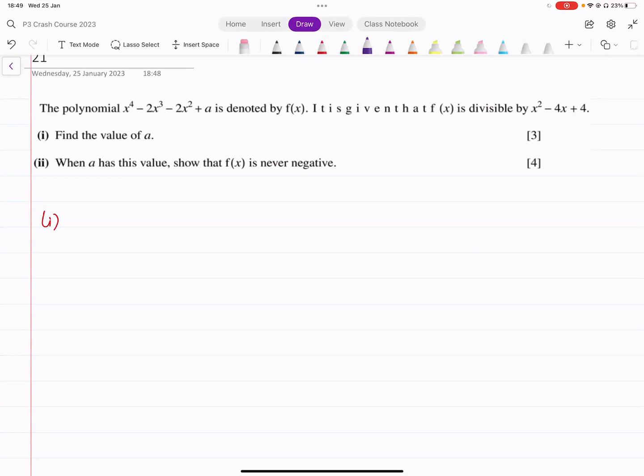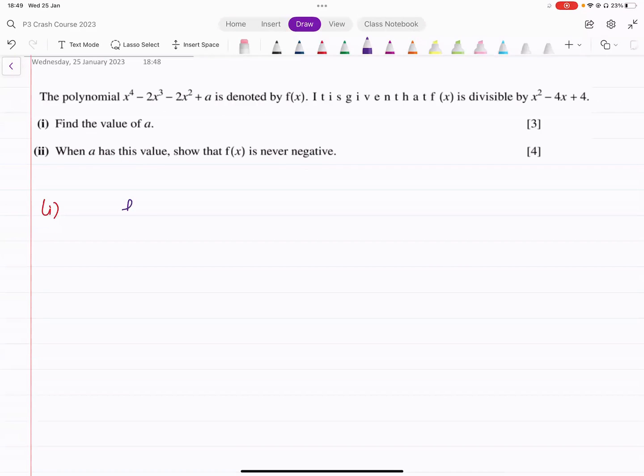We've got a polynomial that's f of x. f of x equals x raised to power 4 minus 2x cube minus 2x square plus a. That is a polynomial that we've got. And we're given that this function is divisible by, what does that mean?